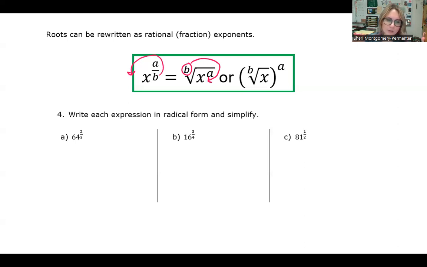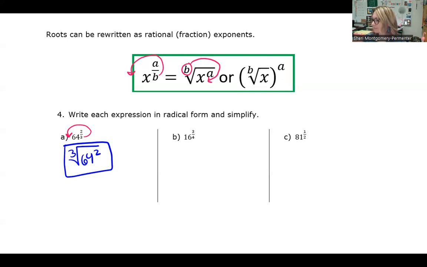So when I look at the first one, I have 64 to the 2/3 power. That 3 that's in the denominator is going to be rewritten out into the front, and that becomes my index. And that is how you rewrite. That's it.